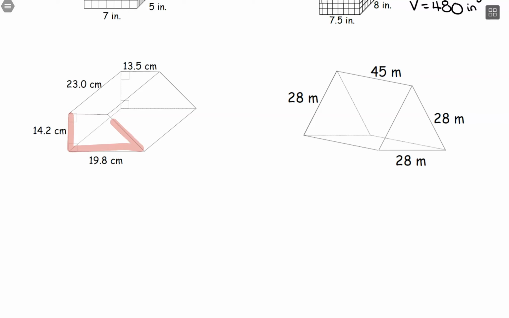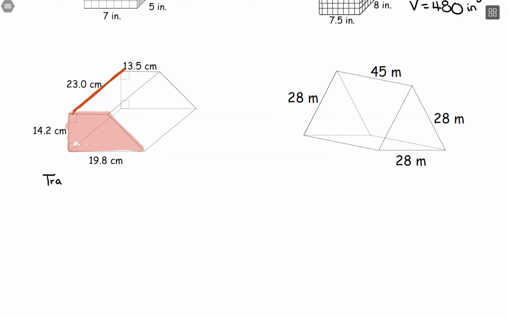So in this case, we have a trapezoid. And then it's this idea of if I kind of slice it up, we'd slice it up so we're seeing a trapezoid each time. So the height or the number of layers we would have goes along that 23 centimeters.